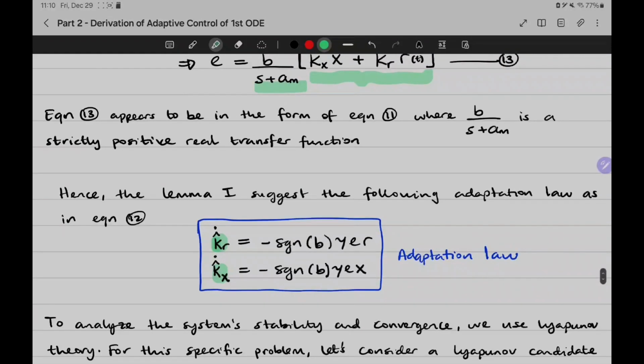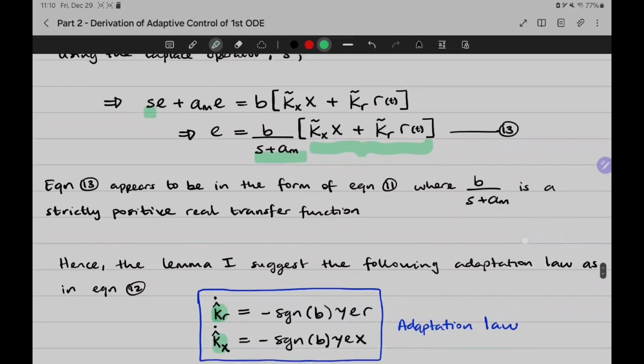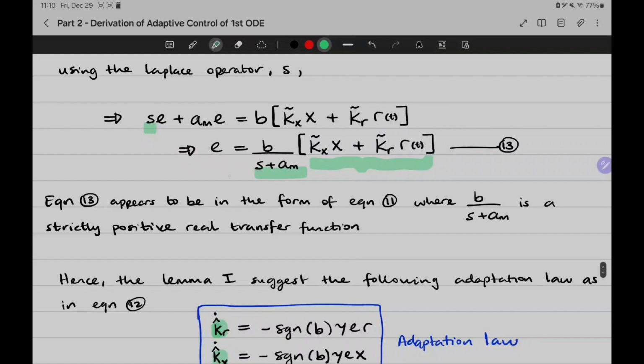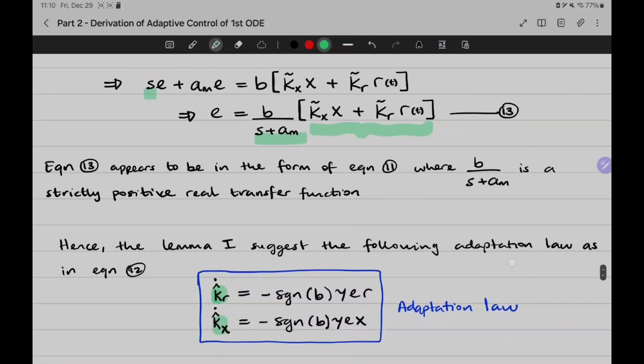So I hope you have a better understanding of how to get the adaptation law. The reason why we obtained this error is because of how we determined our control law, the ideal control law and the estimated control laws.